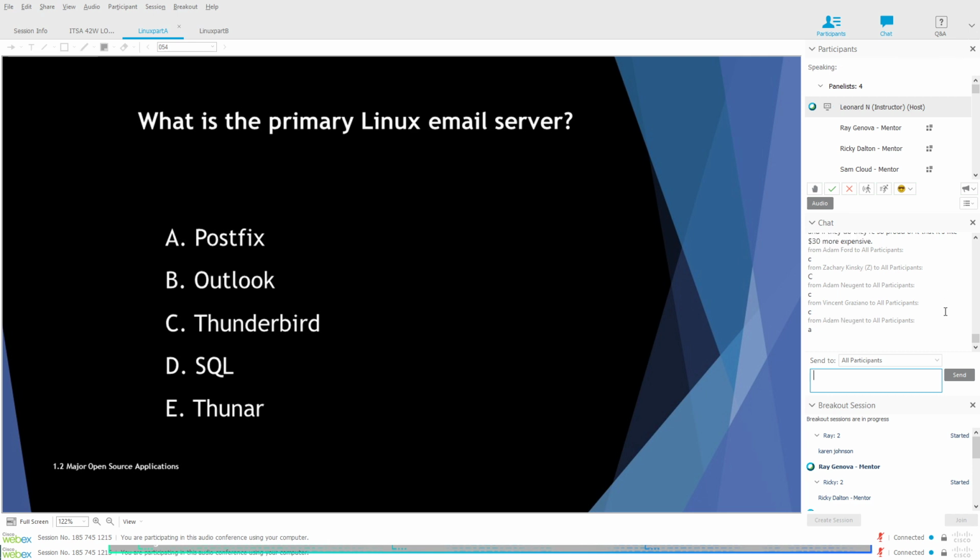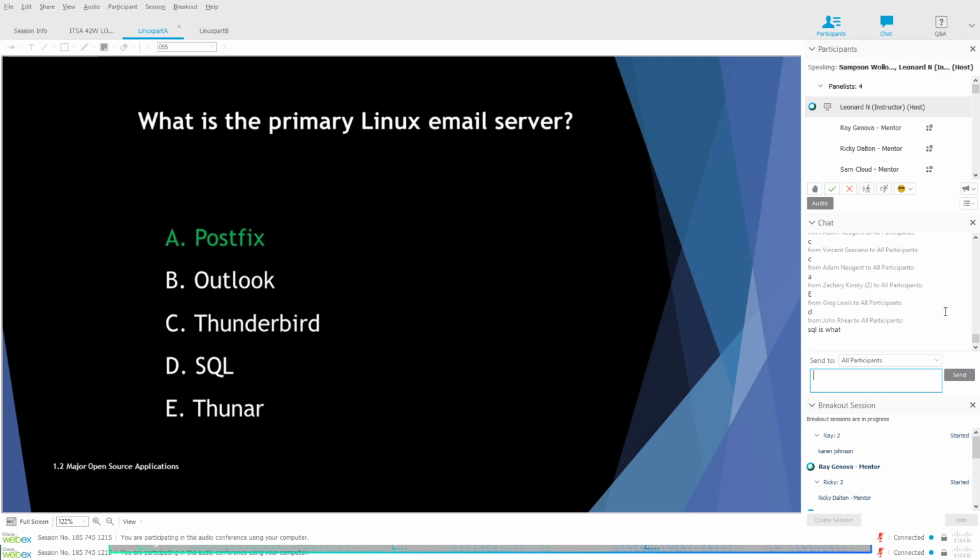Thunderbird is an application. Postfix is the server. Thunar is a file manager. SQL is structured query language. That is for databases. So Postfix is the primary.